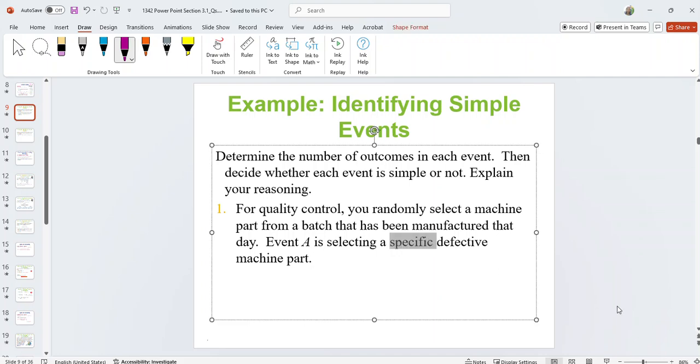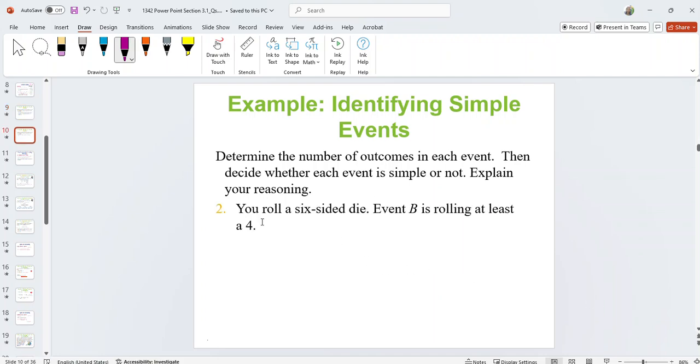Okay. All right, let's look at the second one here. You roll a 6-sided die. Event B is rolling at least a 4. So what does at least mean? At least means 4 or more, right? It's a 6-sided die, so it can be 1, 2, 3, 4, 5, and 6.